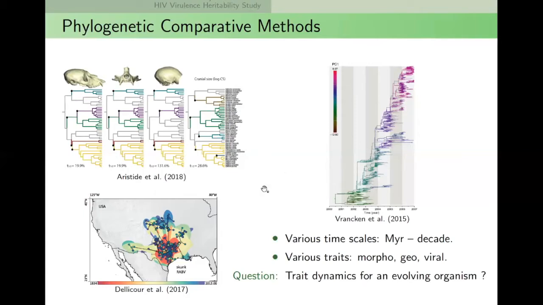So the question we want to ask is, what is the trait dynamic for an organism that is evolving at the same time as its trait is also evolving? As you can see, there is a wide range of possible applications, so we want something that is flexible enough to take into account these various configurations.